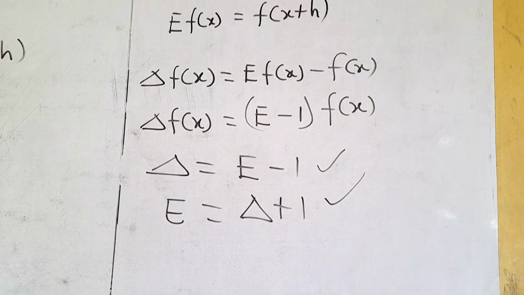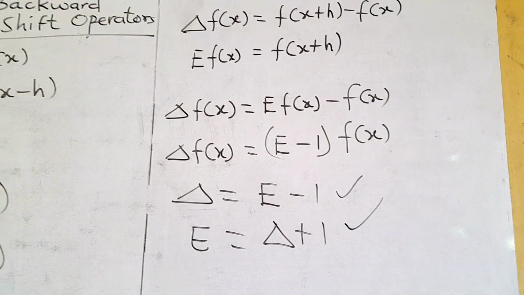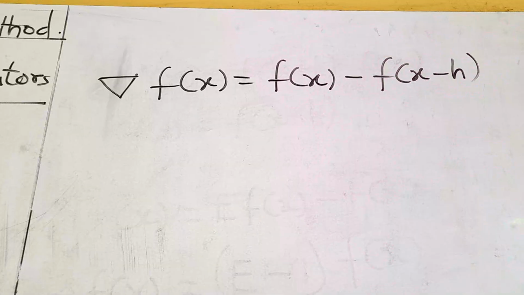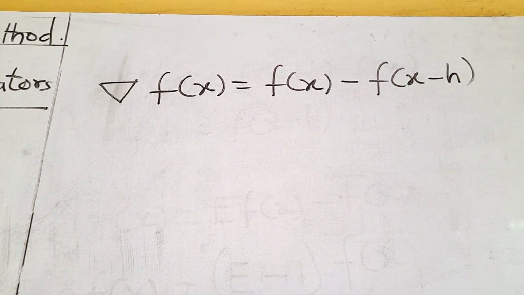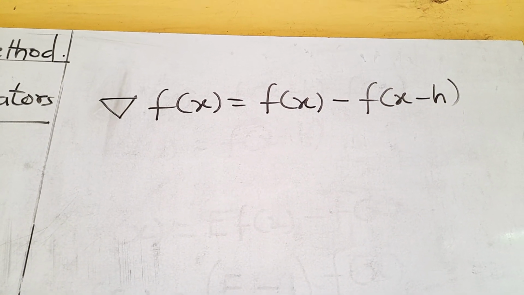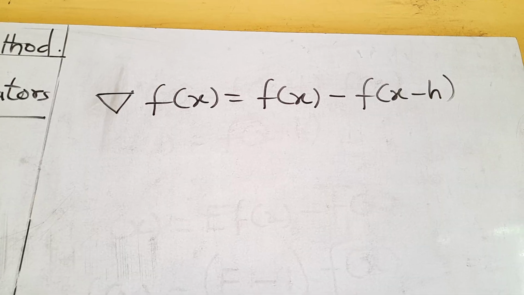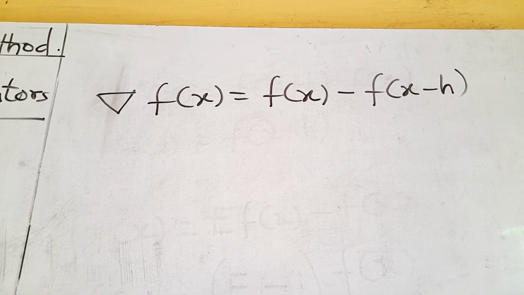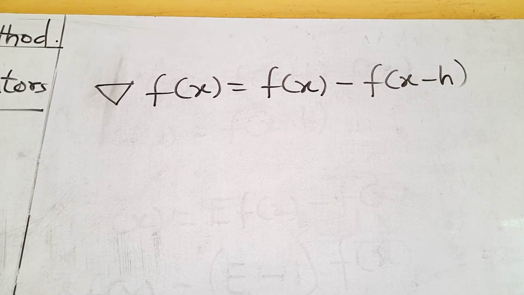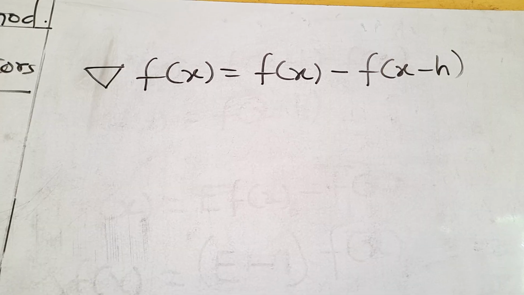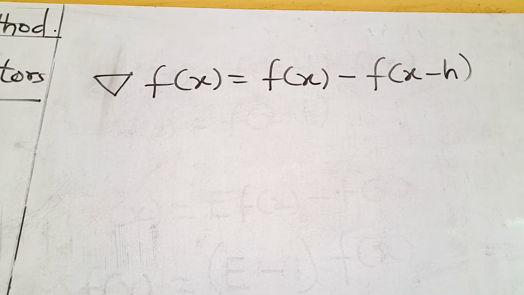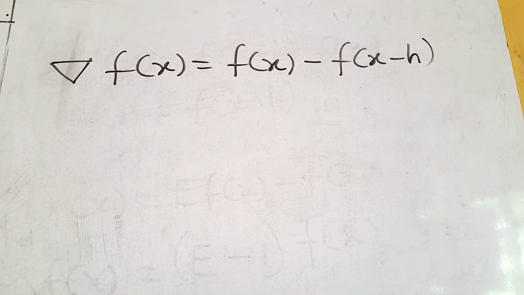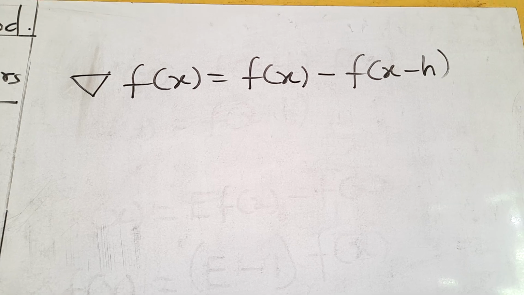Now we see the relationship between the shift operator and the backward difference operator. So remember we said nabla of a function is actually equal to the function minus a function that is smaller than it, where h is the interval of difference. Very, very important. So now how can we formulate the relationship between the backward difference operator and the shift operator?